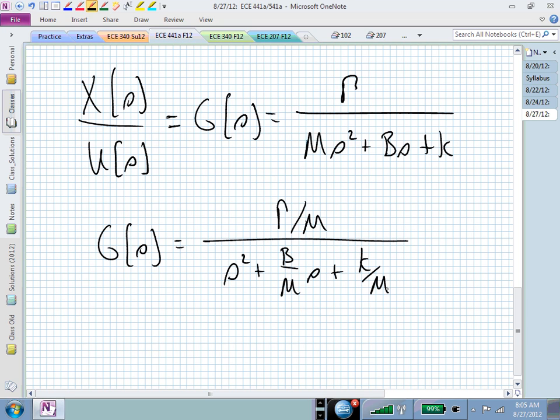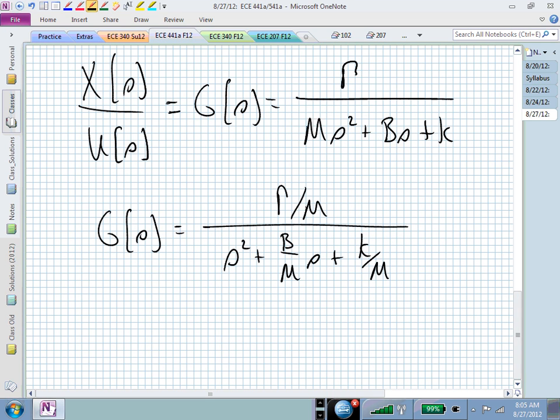And you maybe remember that we wrote that transfer function in that particular manner. That's the first way of obtaining that transfer function, and that's from the differential equation, just Laplace transforming and solving for the ratio.